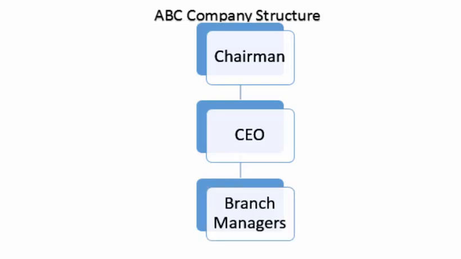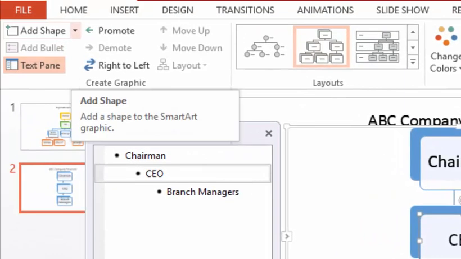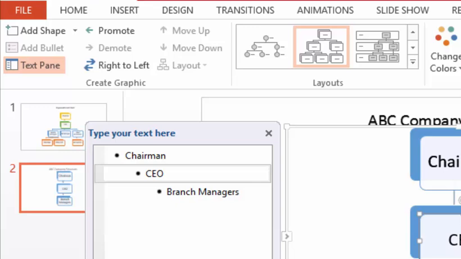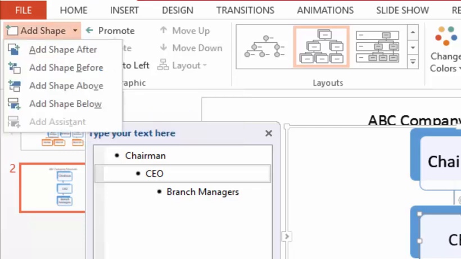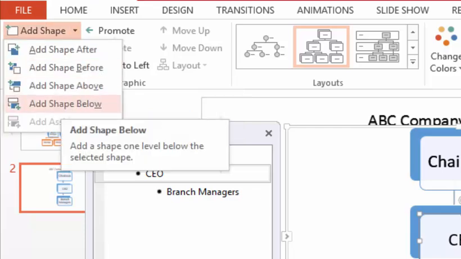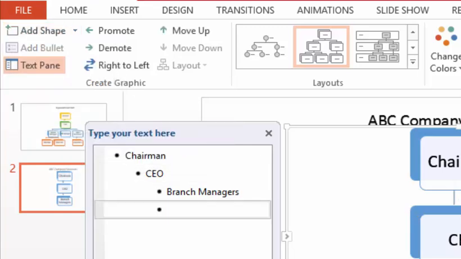Now I will go back to my CEO box and go to my add shape. Remember, add shape pops up when the design is active. So when I click this down arrow, I will add another shape below CEO. Then you can even use this box here, and I will type here HR manager.